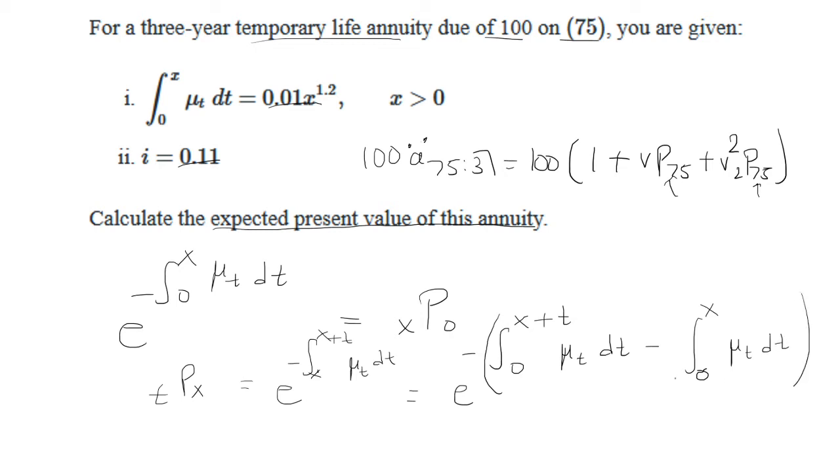There's a reason I'm going from 0 to x plus t and 0 to x, because the way the integral is given here, you have to start at age 0.